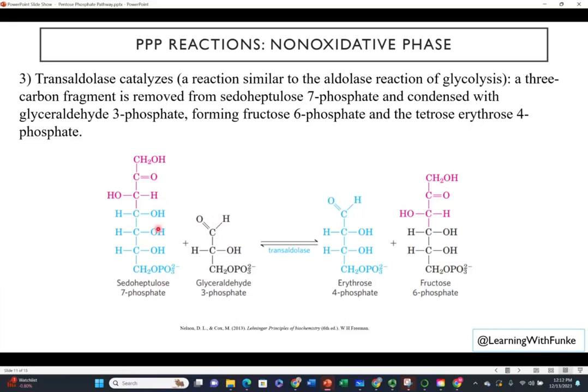So this becomes a 4-carbon compound, E4P, and fructose 6P, which is just this initial 3 carbons plus this added 3 carbons. So we have a 4-carbon compound plus a 6-carbon compound here.